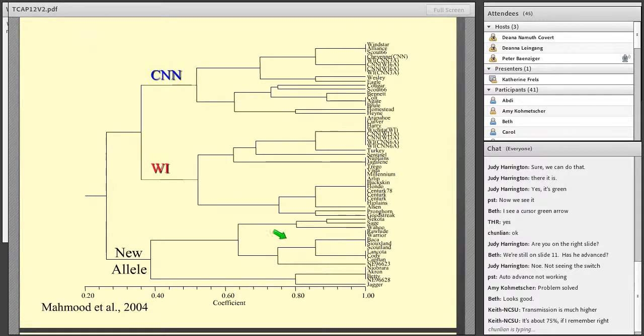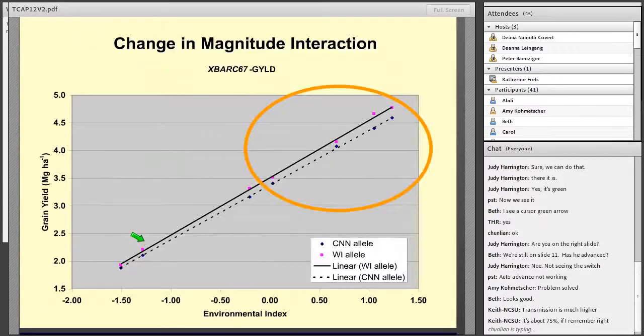The new allele was not surprising, only because you expect with the amount of germplasm we churn over that you should have new alleles constantly coming into your program. But why did the Cheyenne allele still exist with its yield penalty? So we looked at those lines carefully, and the lines which tended to have the Wichita allele were our irrigated, high-yielding lines in eastern Nebraska.